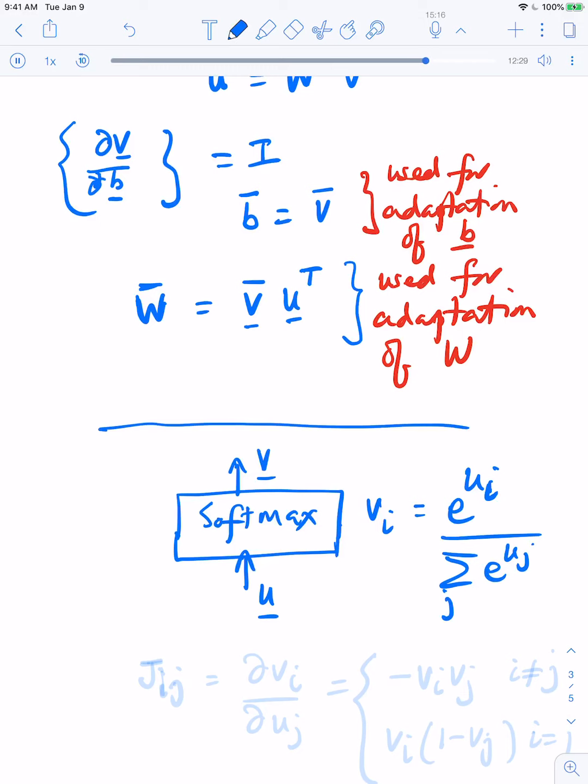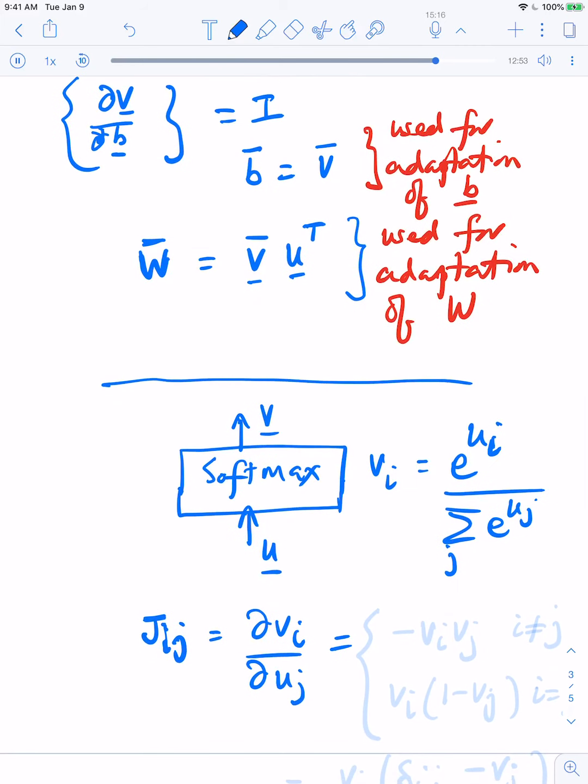And so my Jij, which is the partial derivative of Vi with respect to Uj, here's where I don't want to go through the details, and I'm just going to write down the answer, right?